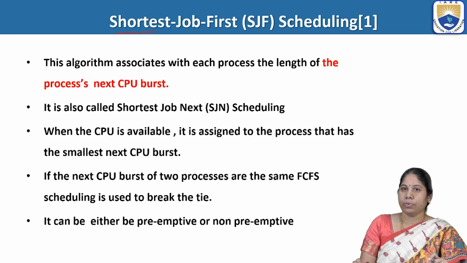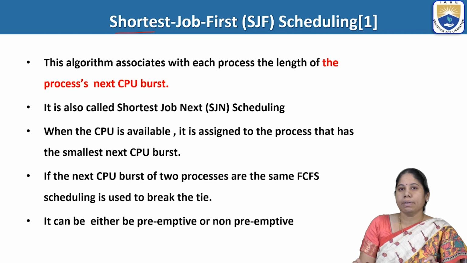Today, we are going to discuss the shortest job first scheduling algorithm, and the name means that in this scheduling algorithm, the scheduler will pick the process which has the shortest CPU burst time, the smallest CPU burst time. That process will be picked from the ready queue, right?